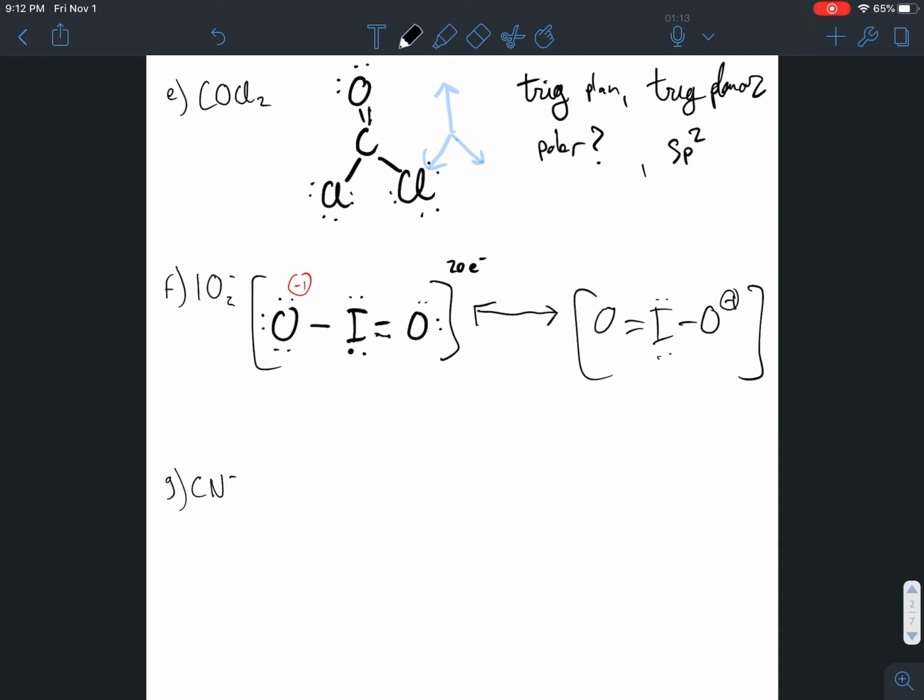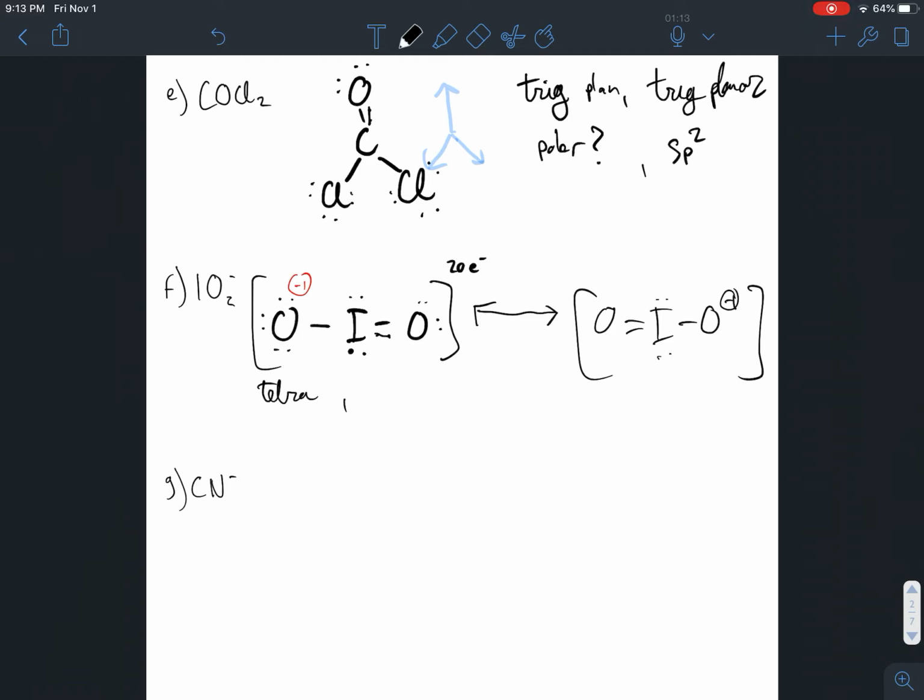Okay. I'm actually going to check the internet to see if that's the correct Lewis structure for IO2 minus. How about that? It totally is. Okay, so the base shape. This is a good one. It's 1, 2, 3, 4 electron domains, so it's tetrahedral.